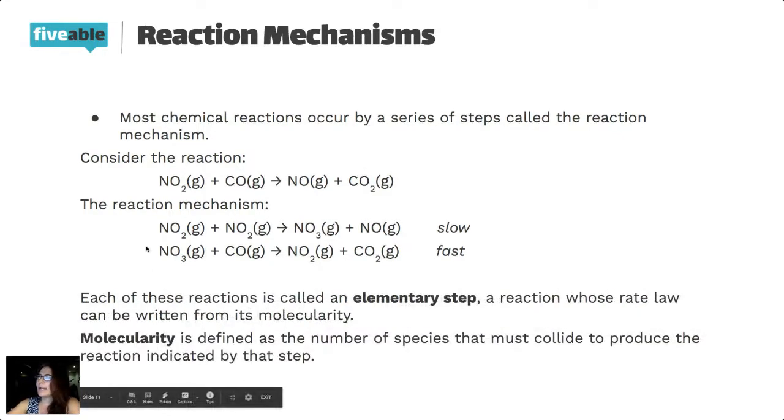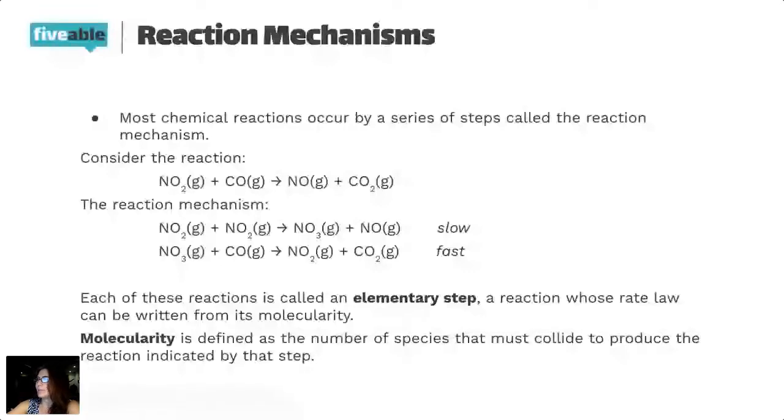We can also tell from the reaction mechanism that these steps are called elementary steps, a reaction whose rate law can be written from its molecularity. And molecularity is defined as the number of species that must collide to produce the reaction indicated by that step. Let's see some examples.